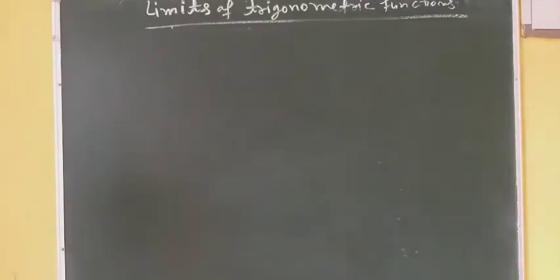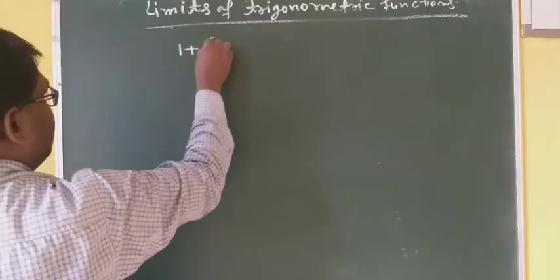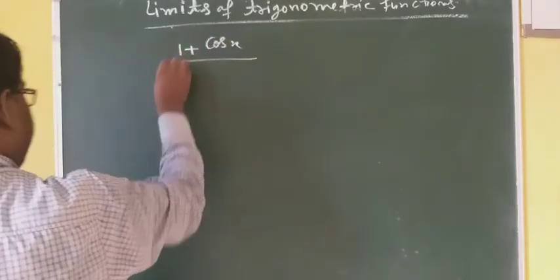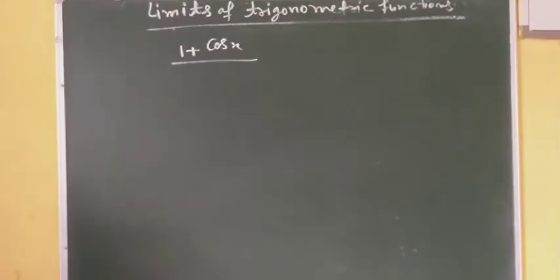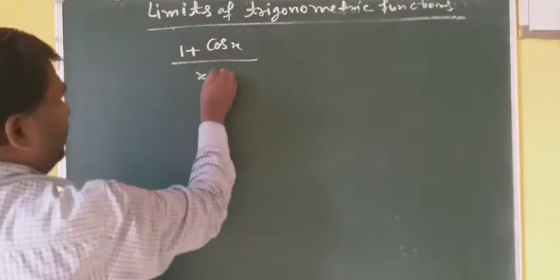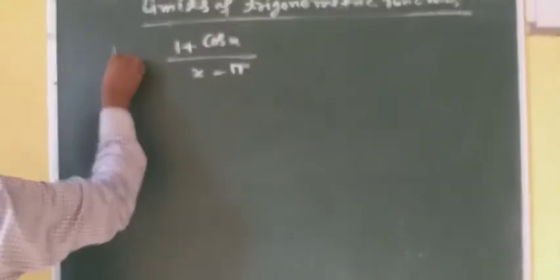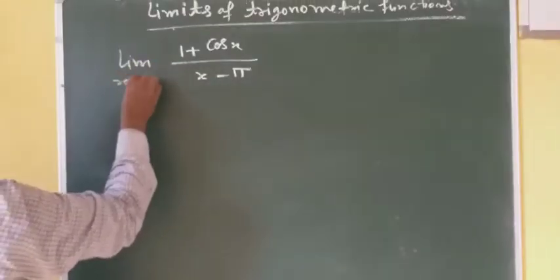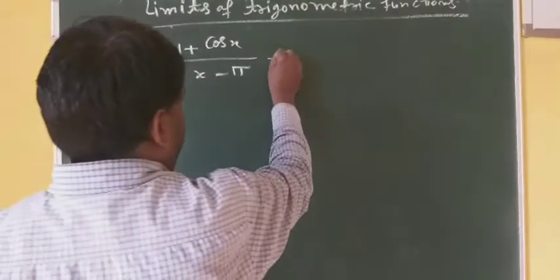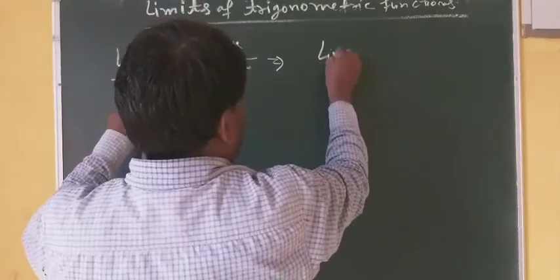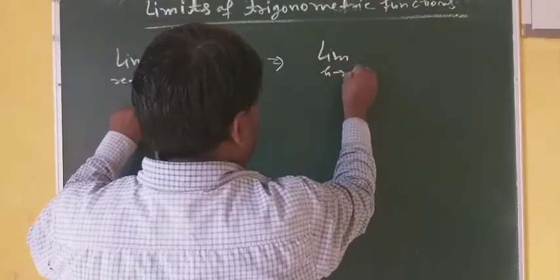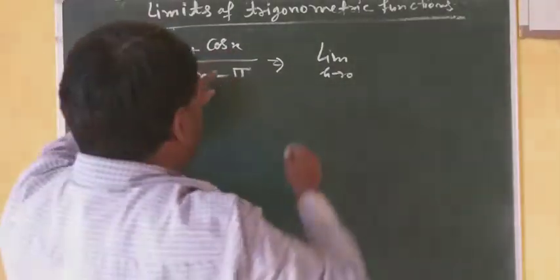Some more questions: limit x tends to pi, 1 plus cos x upon x minus pi. Here limit x tends to pi, so limit h tends to 0, and at the place of x you have to put pi plus h.